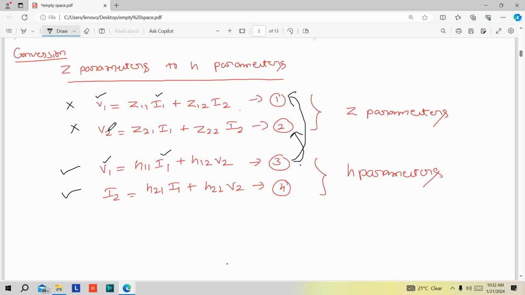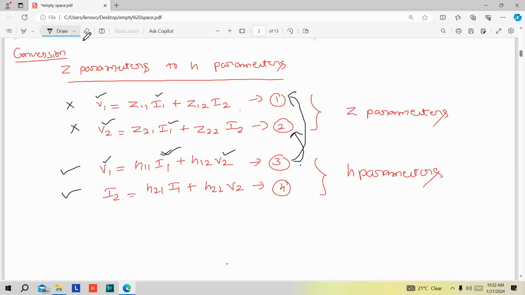Here V2 is here, V2 is here, I1 is here, I1 is here, and I2 is here, but V1 is not matching. All the current and voltage variables are not matching. So don't change equation 3.